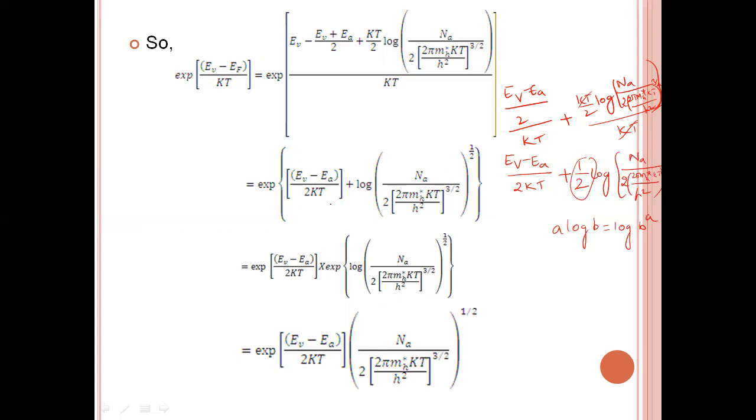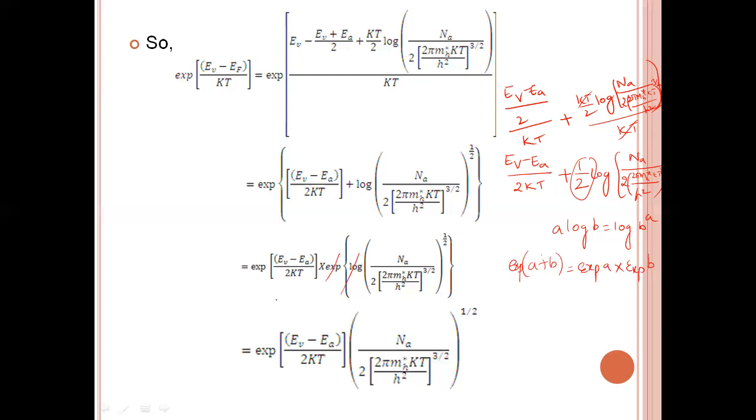Now this will be like exponential A plus B, which can be written as exponential A into exponential B. So this will be exponential of EV minus EA by 2 KT into exponential log of this term. Again, exponential and log will cancel each other, so this is a constant term multiplied with an exponential function.